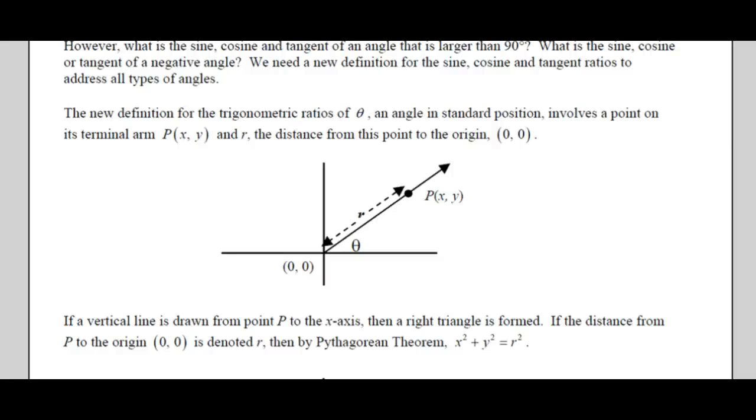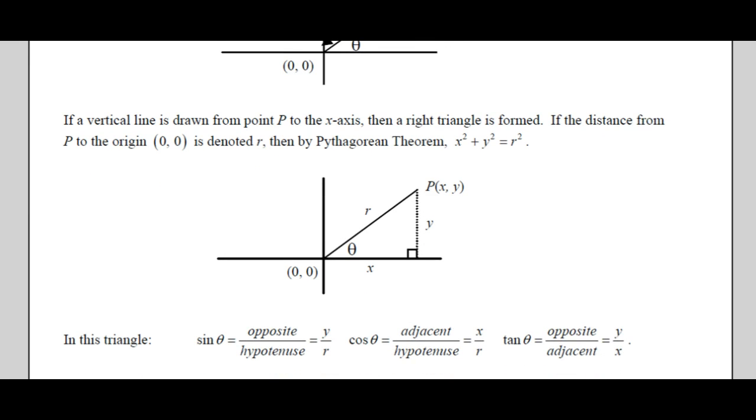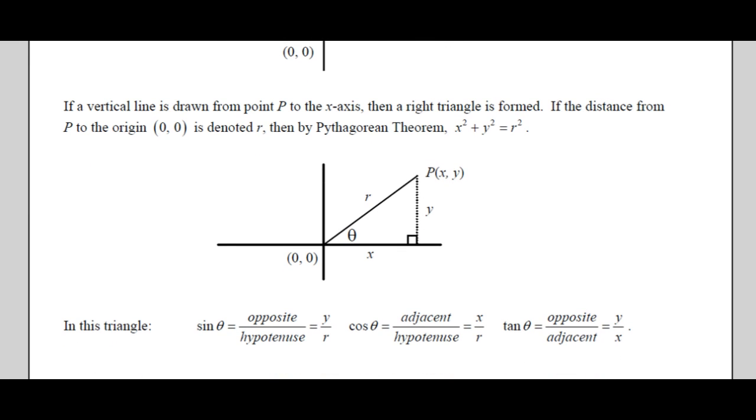If a vertical line is drawn from point P to the x-axis, then a right angle is formed. If the distance from P to the origin is denoted by r, then by the Pythagorean theorem... So if we have a point here directly underneath, we've made a right triangle out of the point on the terminal arm, then we have theta, we have y, and we have x.